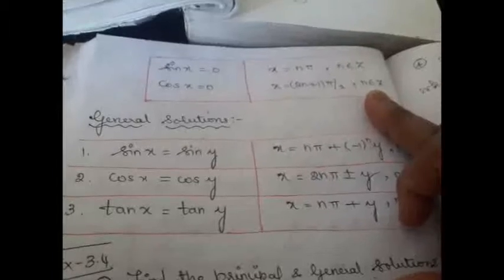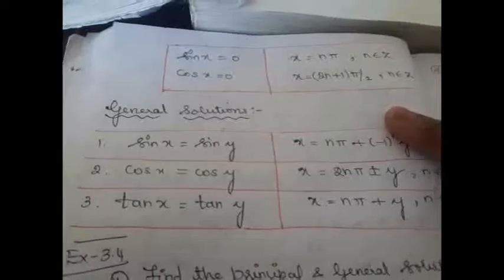If tan x equal to tan y, then x equal to n pi plus y, where n belongs to z. Also we know sine value will become 0 at integral multiples of pi, and cos value will become 0 at odd integral multiples of pi by 2. These 3 solutions you should remember, then only we can find the general solution.